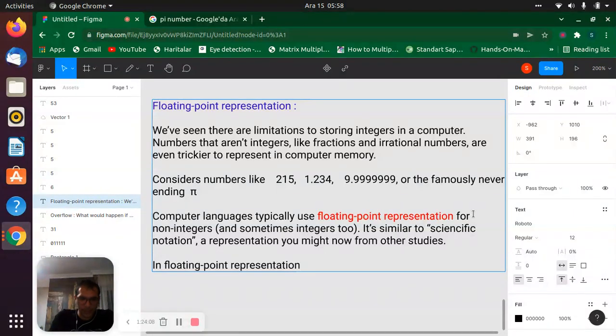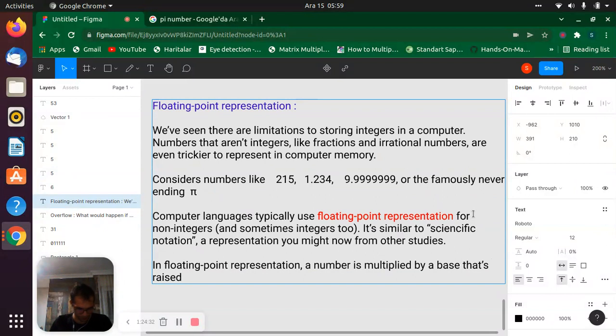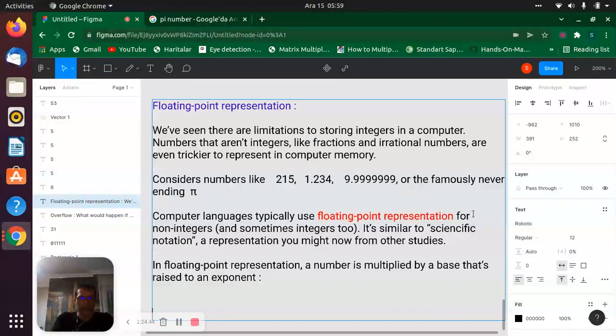A number is multiplied by a base that's raised to an exponent, right?